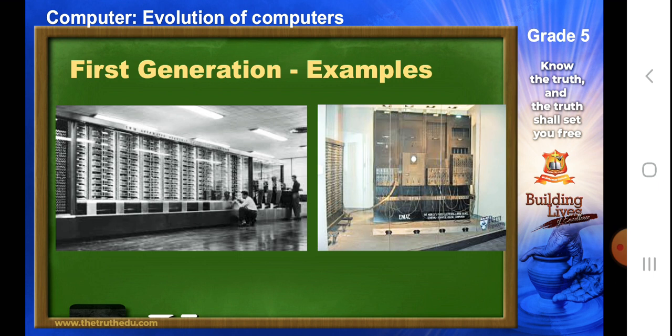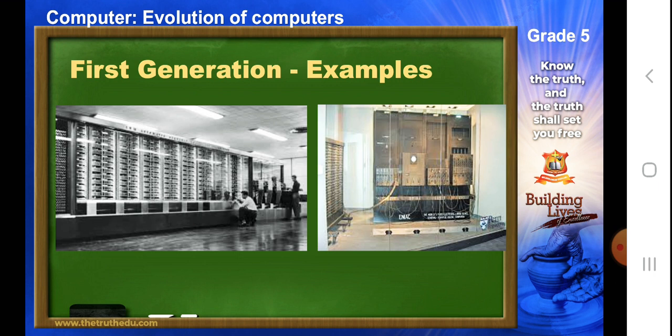It was proposed by John P. Eckert and John W. Mauchly in 1944, and it was developed. John von Neumann gave the concept of the stored program, and it was completed in 1948. The weight of this was 8,000 kilograms. Again, it went up to 8,000 kilograms.